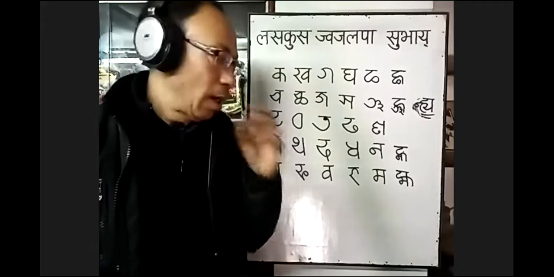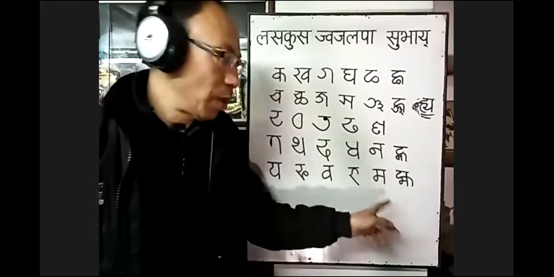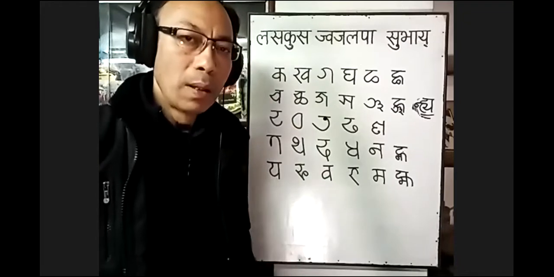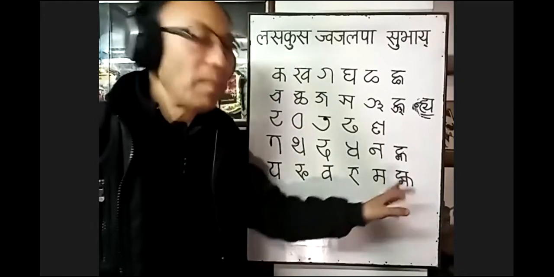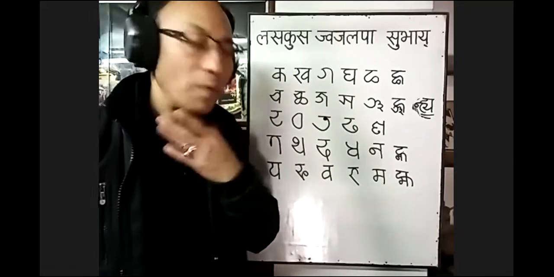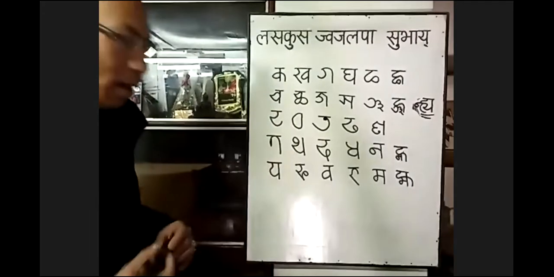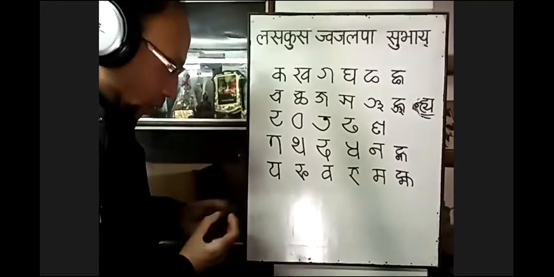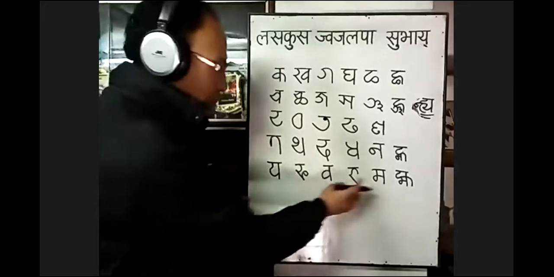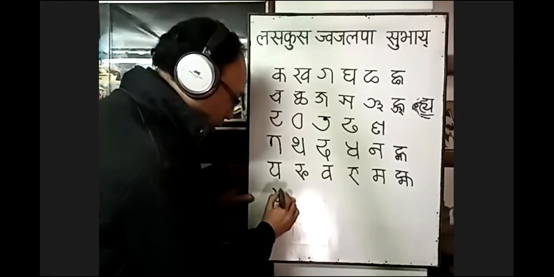This is the lip sound, because you join your lips when you pronounce this. And this is also the same way of pronouncing, but from the vocal sound. So similarly, pa, ba, bha, ma, and ya.